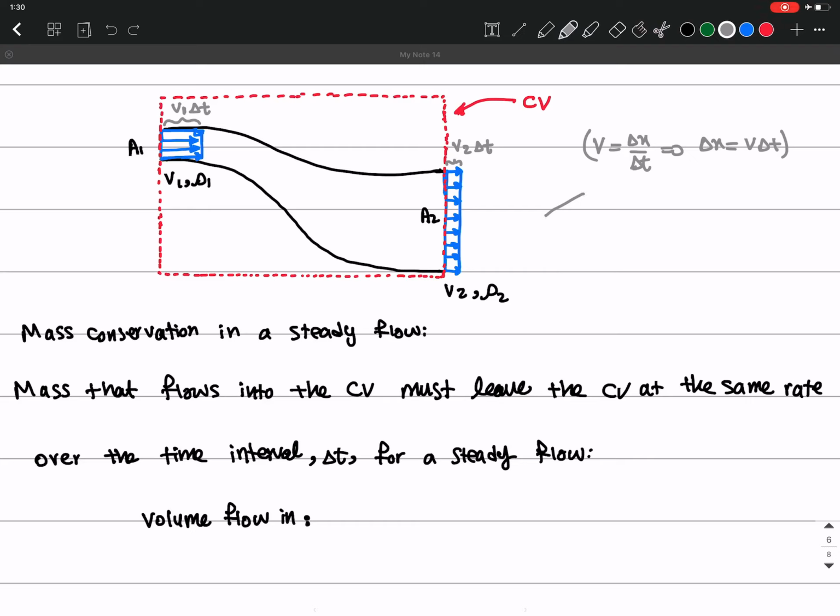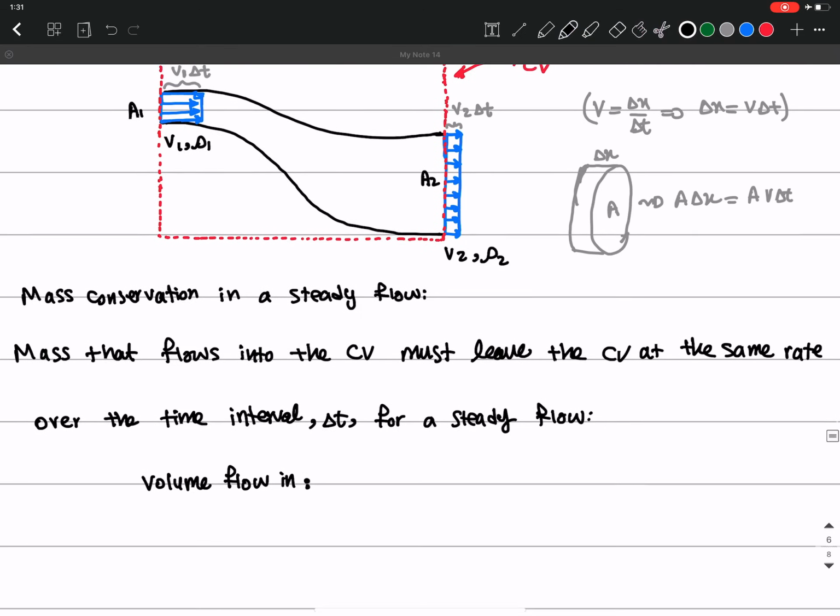Maybe I can do it very generally. You have this area, and then we have this delta x. So the total volume of that is going to be A times delta x, or here it's going to be A times V delta t.